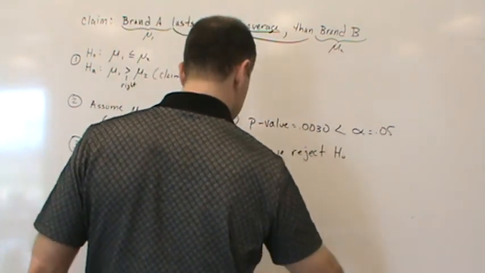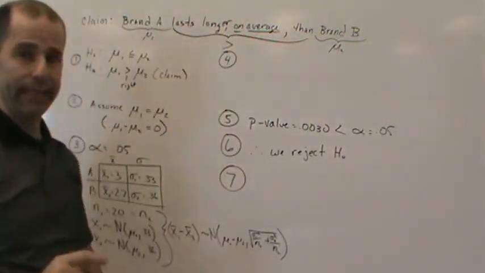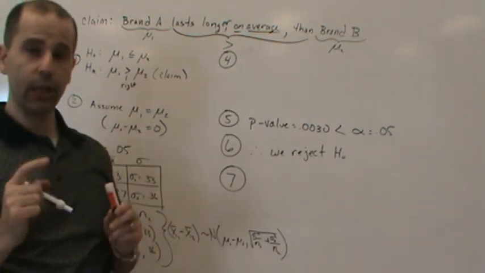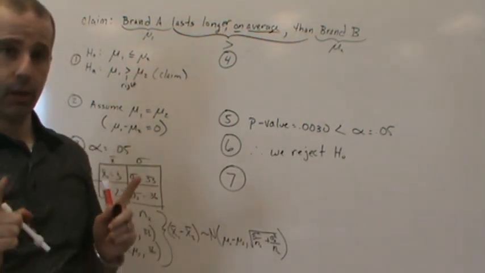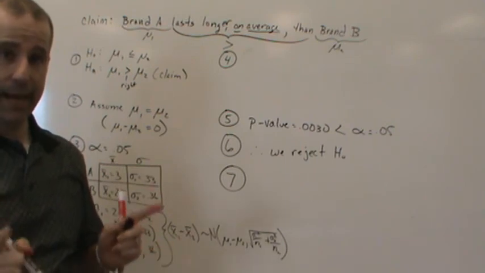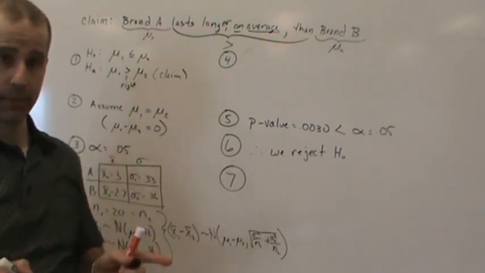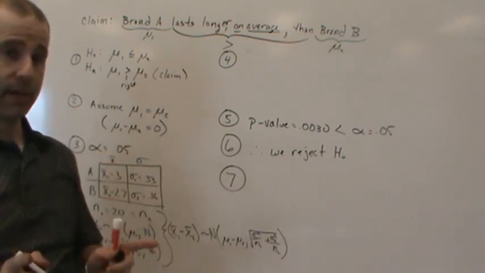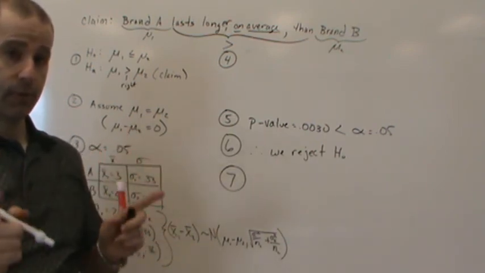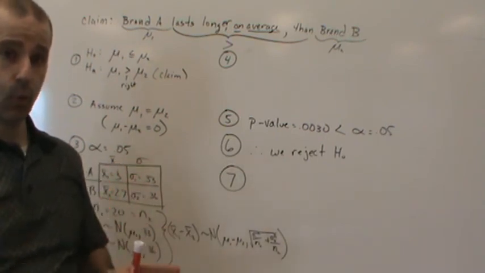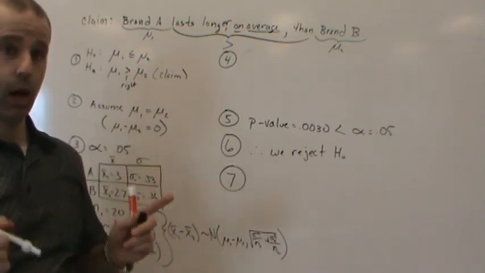So here is what we're going to do. Here's the function that you're going to use if you're dealing with a 2-population hypothesis test for the means, right? So this is specific for population means. So you're doing a hypothesis test for the difference of means, and both sigma 1 and sigma 2 are known.